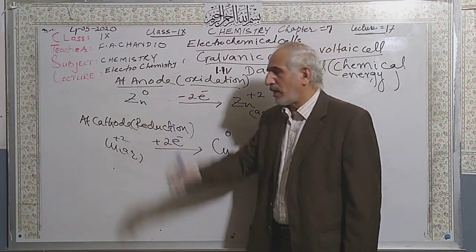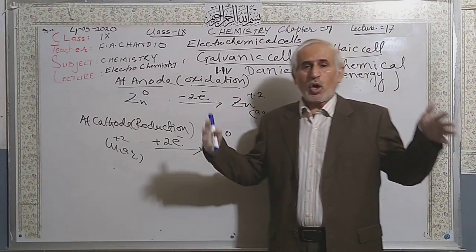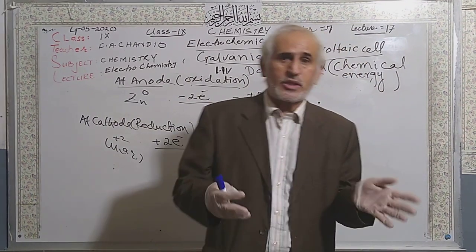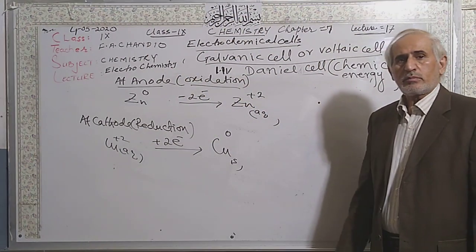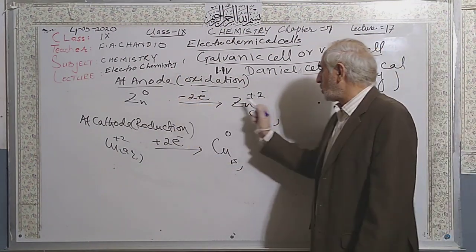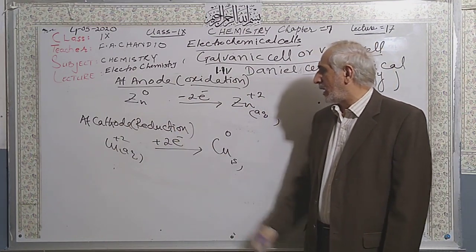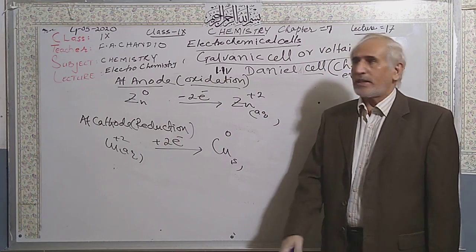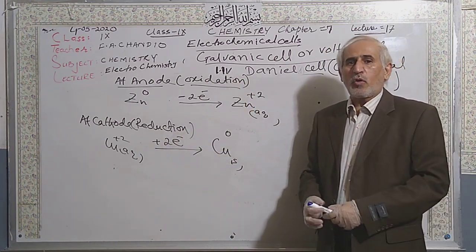And zinc metal dissolves to make zinc ions, because in all redox reactions there must be oxidation and reduction. So zinc metal changes into zinc ions and copper ions change into copper metal. There is a reduction and there is oxidation. And I told you the voltmeter will show 1.1 volt.